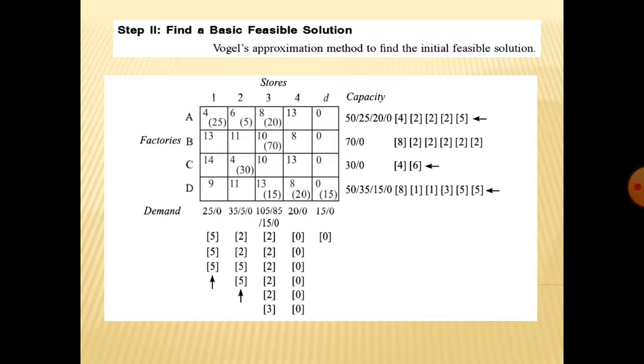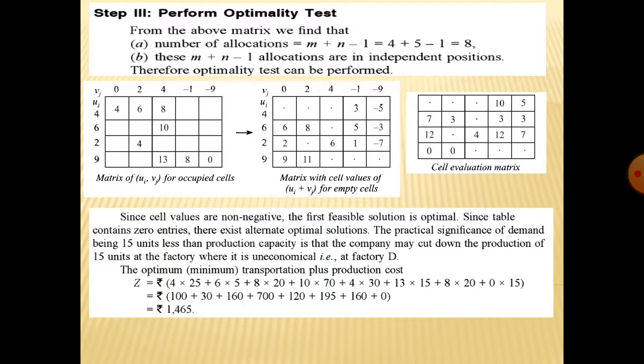After making the capacity and demand balanced, now we have to solve the problem by the VAM method only, by taking the penalties. After taking the penalties, we solve the problem in the same way as in the VAM method, and then you should go for the optimality test.